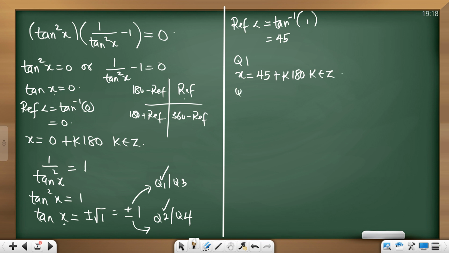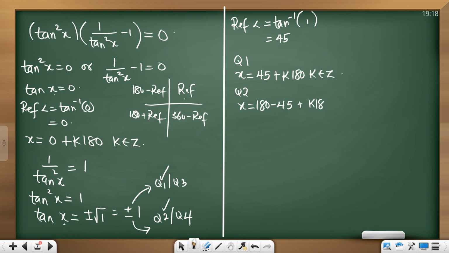What about Q2? X equals 180 minus. Because if you are doing Q3, you are repeating Q1. So it's going to be 180 minus 45 plus k times 180, right?